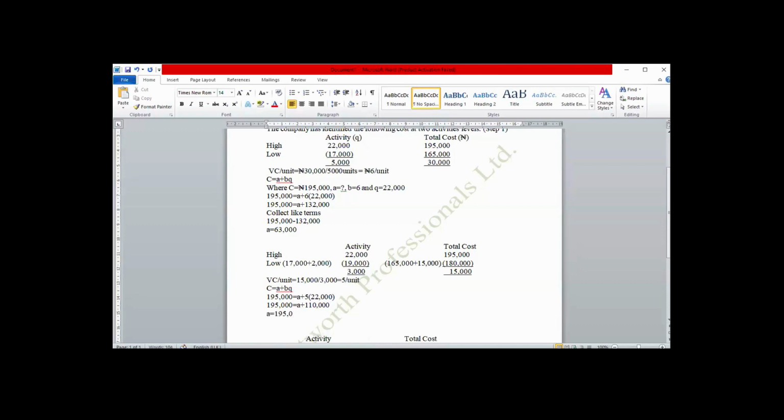Then A is equal to 195,000 minus 110,000. That's 85,000 naira.